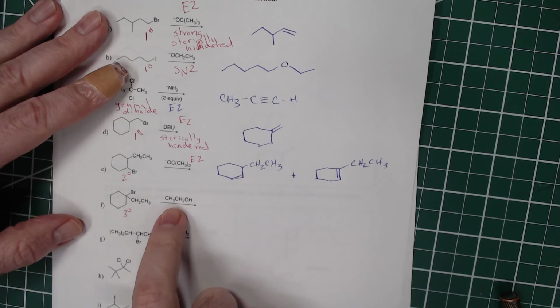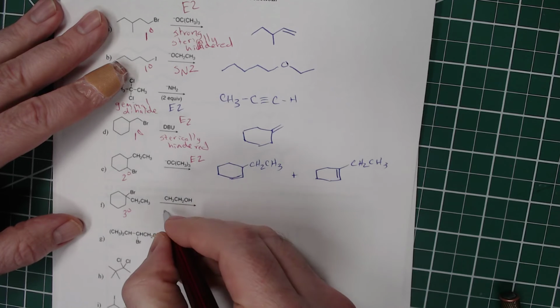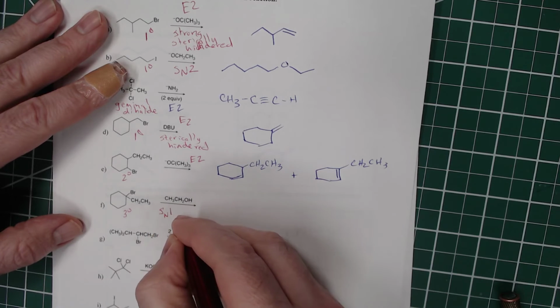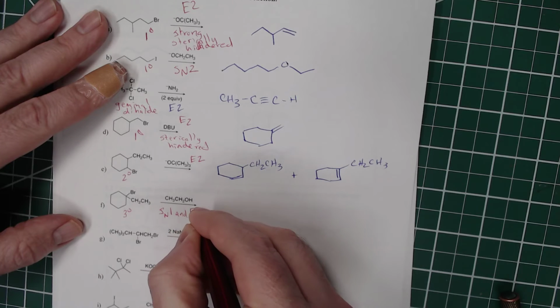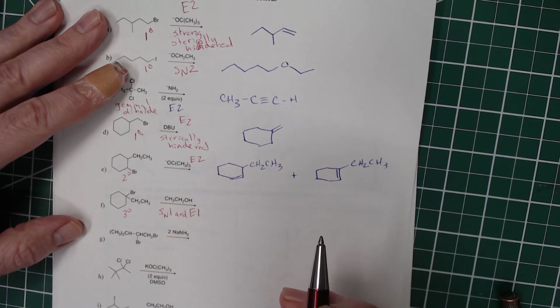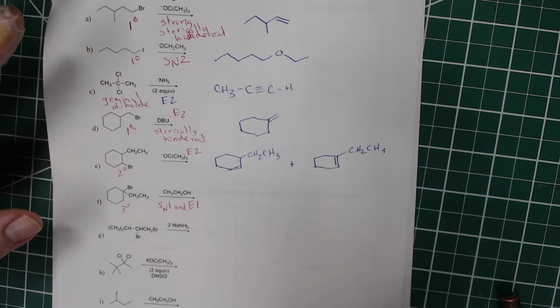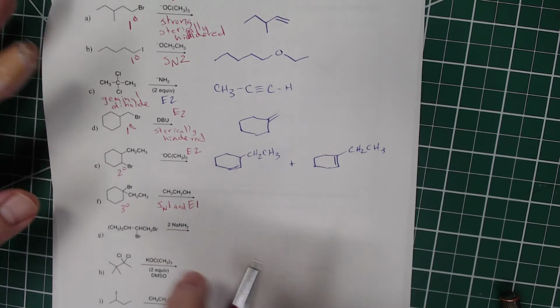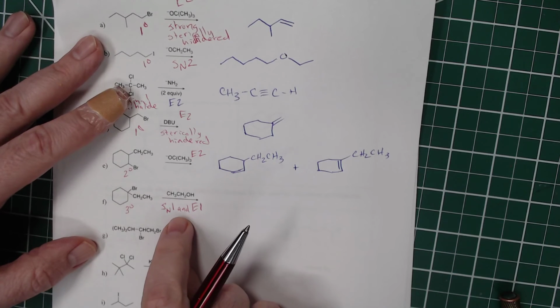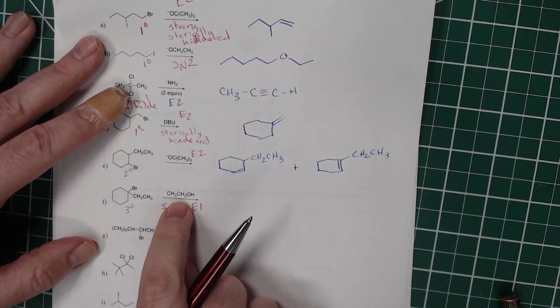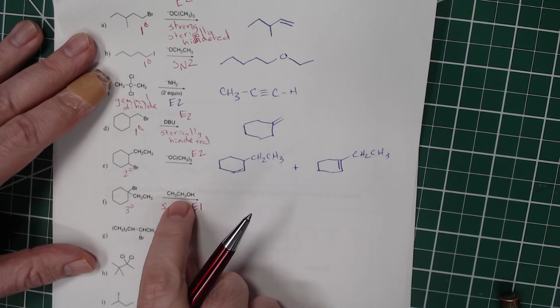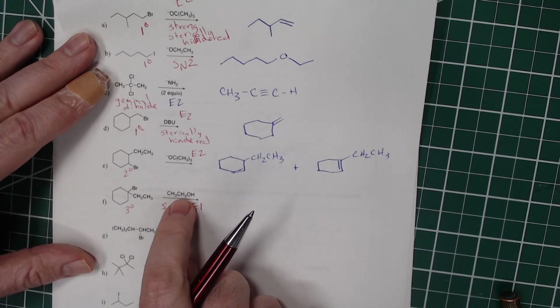Here we've got a weak base/nucleophile, and with a weak base/nucleophile, that means that we are probably going to do the SN1 and E1. We'll get some of each of those. We are not going to get SN2, of course, because it's tertiary, and E2 is going to require a strong base, and this just does not qualify as a strong base.